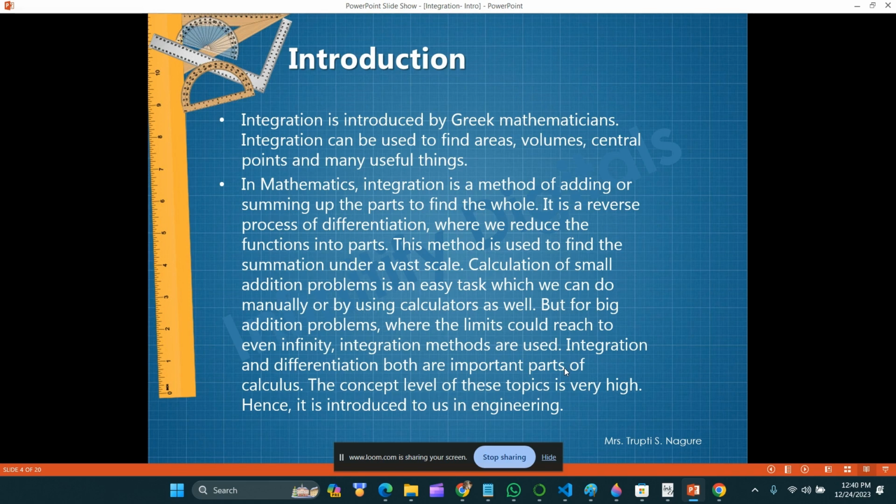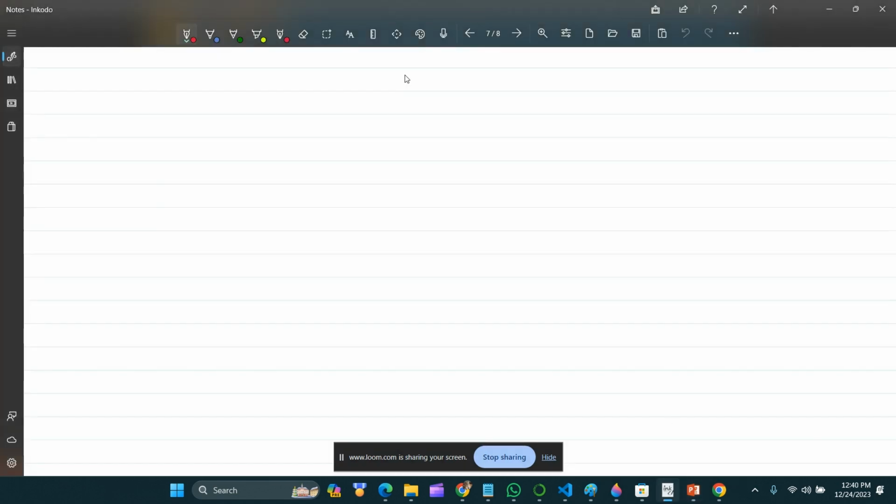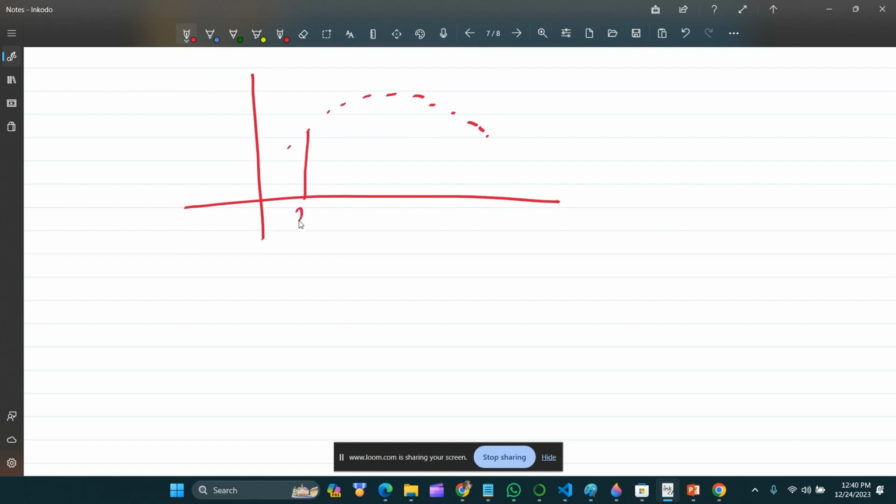Means I will show it here. If we have given x-axis and y-axis, okay, and there are some points like this, and we have to find the area under the curve from x equal to 1 to x equal to 2.